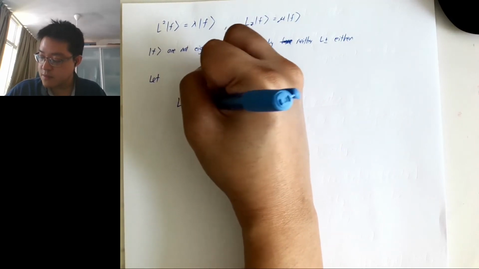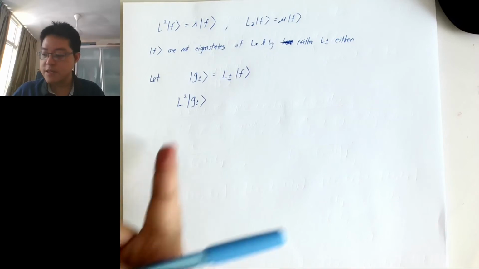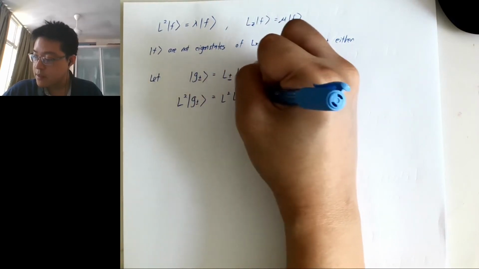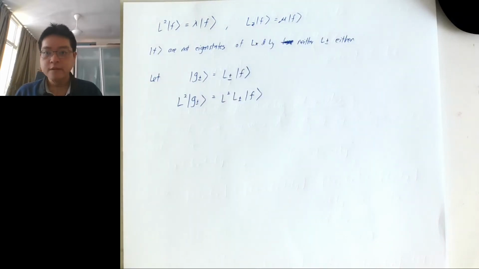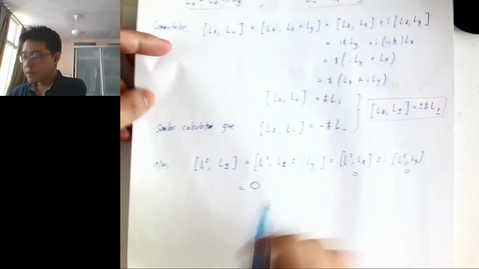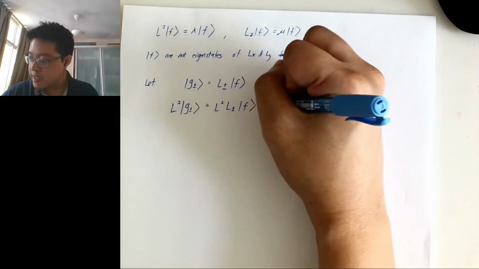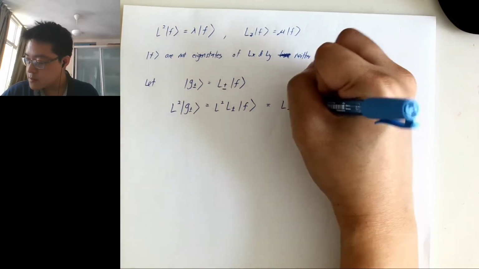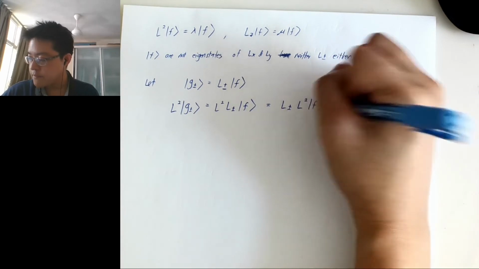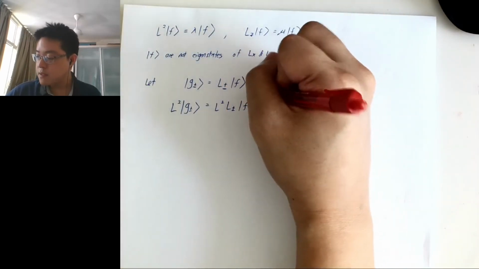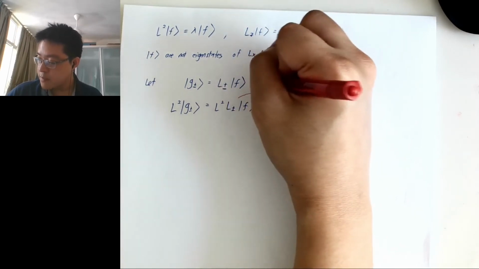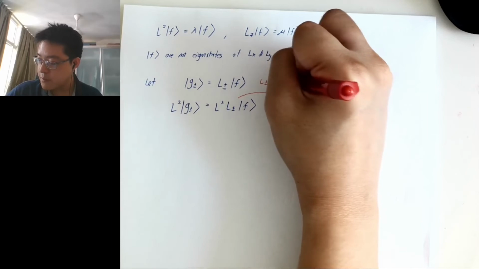Let us see what happens if I do this. Doing this means L squared operating on L plus minus f. Because L squared commutes with L plus minus, I can change the order, since L plus minus L squared equals L squared L plus minus.